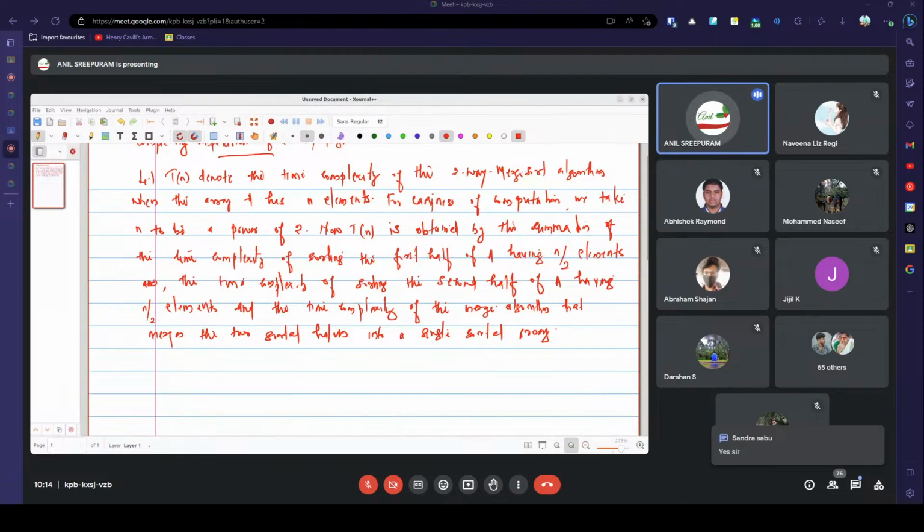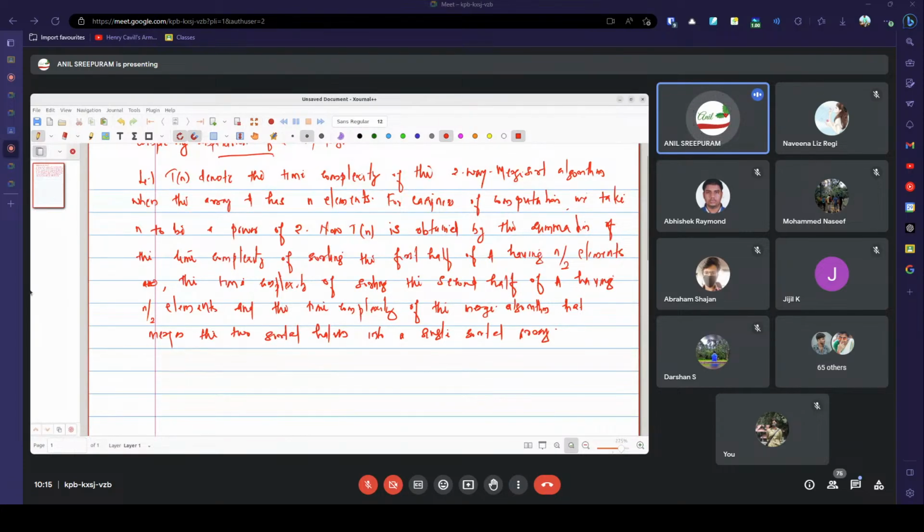Similarly, the second half is also having n by 2 elements. That's why we have taken n as a power of 2, to get exactly n by 2 elements. So sorting the first half is Tn by 2 because it is again calling the same algorithm, and the second half again has complexity Tn by 2.